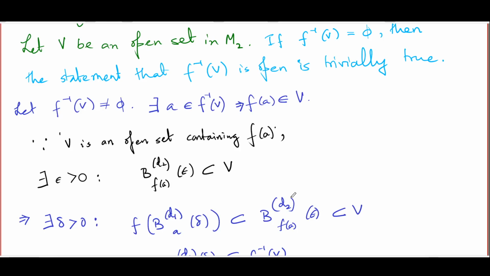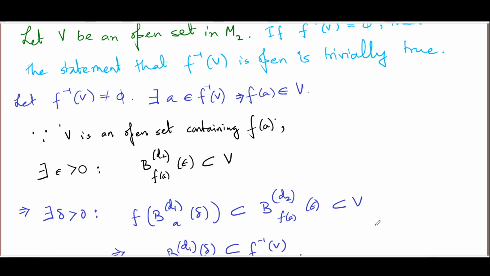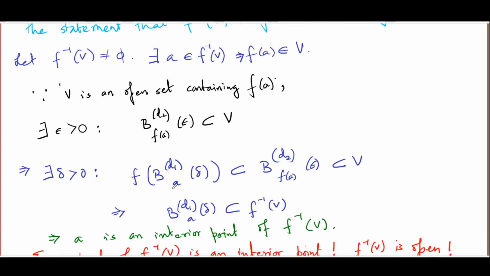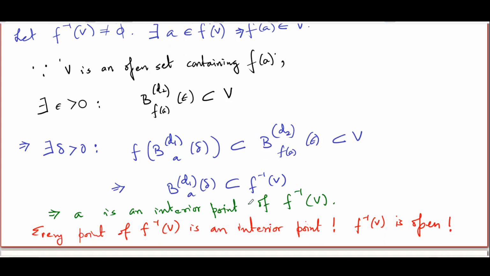But this, in turn, according to our statement just now, is contained within V. This delta ball must map within V, and so the delta ball must be contained inside F inverse V. Because for any point A belonging to F inverse V, you can find the delta ball centered around A, which is inside F inverse V. It shows that every point of F inverse V is actually an interior point. And that is exactly what we mean when we say a set is open.